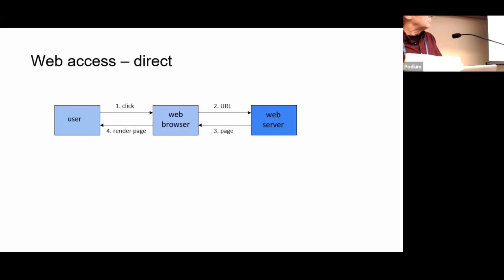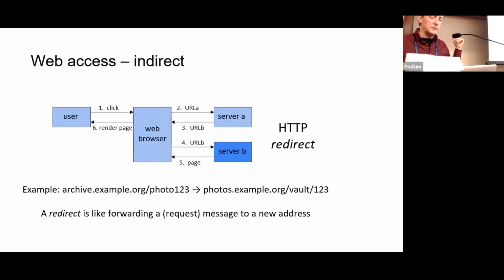So let's make sure that people understand what web redirection, or web indirection, is. So the normal web access simplified view is, user clicks on something, the browser goes to a web server, it returns a page, displays it, done. That's the sort of direct access. So indirect access is where the first server you ask doesn't know the answer, doesn't have the resource, but says, I think this other server has it.